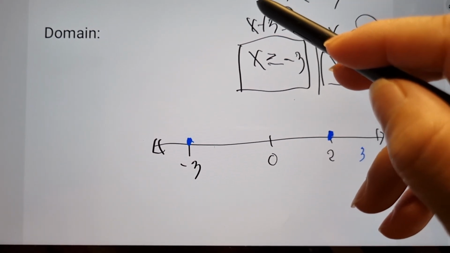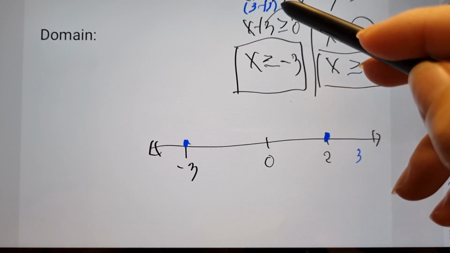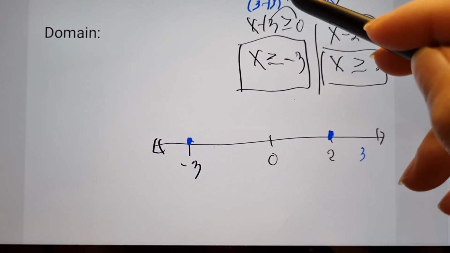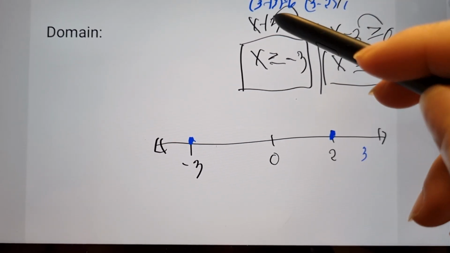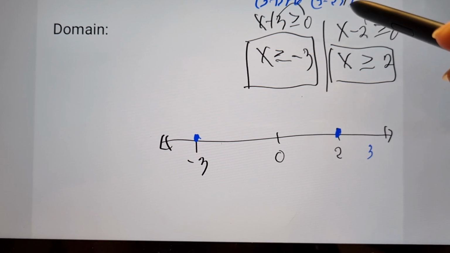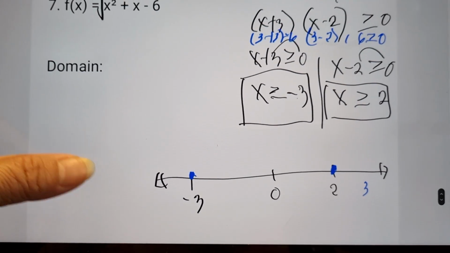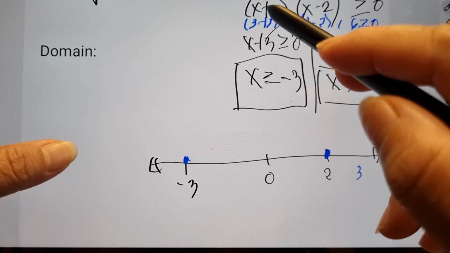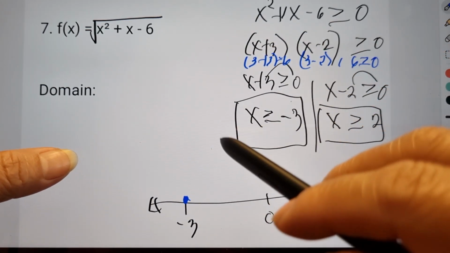So dito 3 plus 3, that is 6, right? And 3 minus 2, that is 1. So here 6, ang sagot dito ay 1. 6 times 1, that is 6. 6 is greater than 0. Okay? Sorry, ulitin ko. Diba ito ang given natin? x plus 3 times x minus 2.